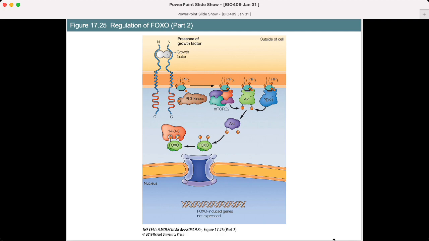Insulin binds to the insulin receptor on cells, especially muscle cells, and a signal transduction response causes the cell to take up glucose from the blood. That's the familiar role of insulin. That part is a non-genomic response. It doesn't involve changing gene expression.